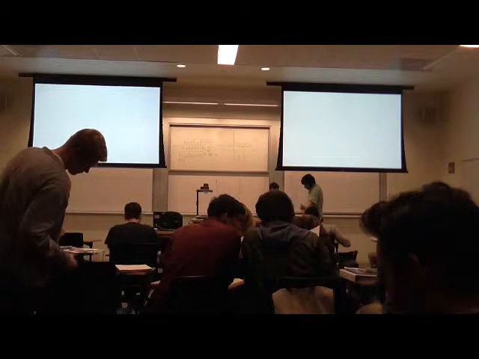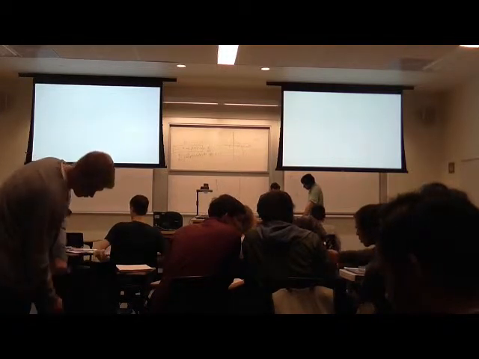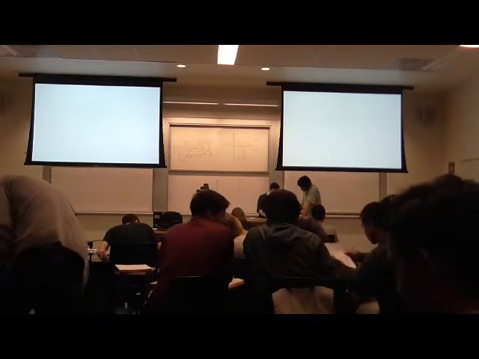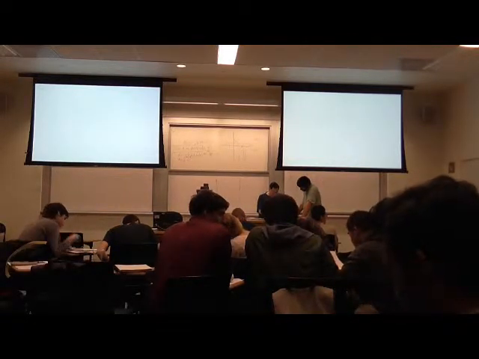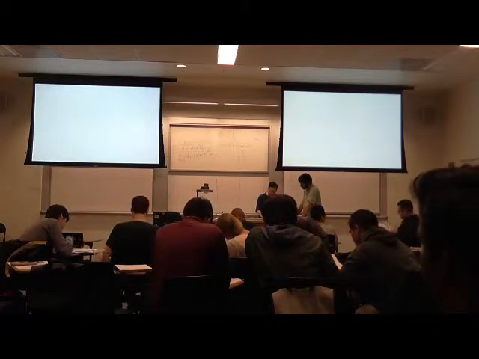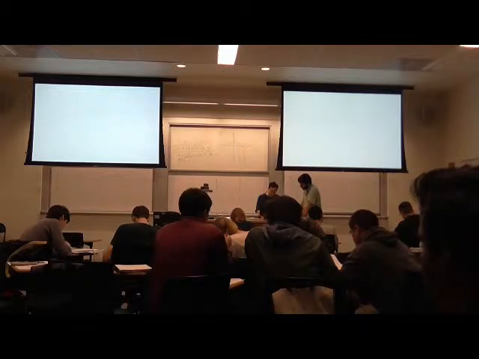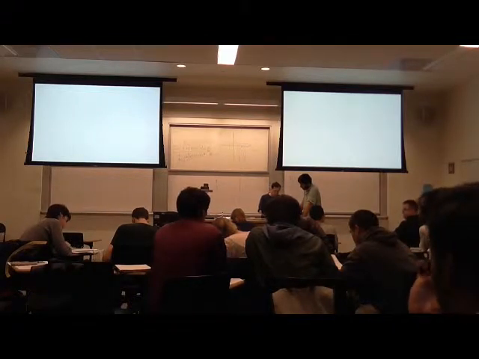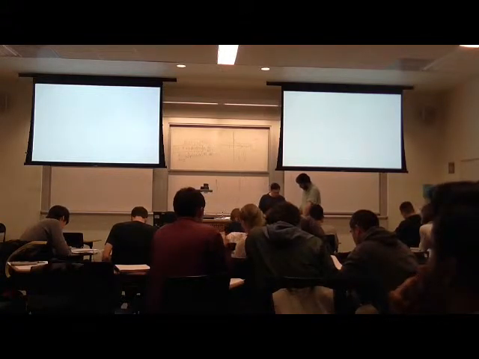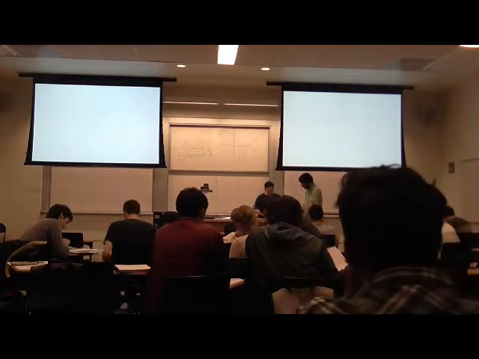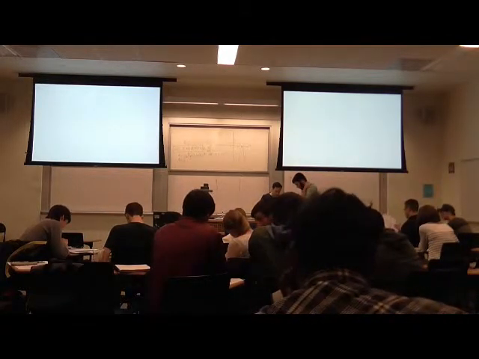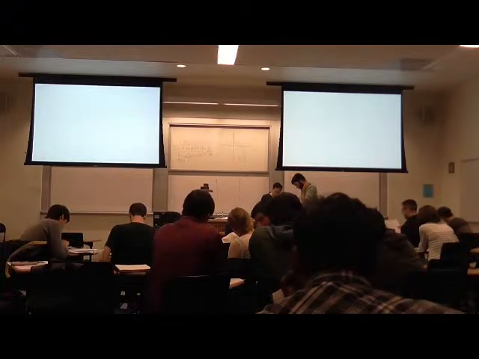This one, -5/3. So tangent goes to slope, right? Whatever those two values are, we'll call them A and B.